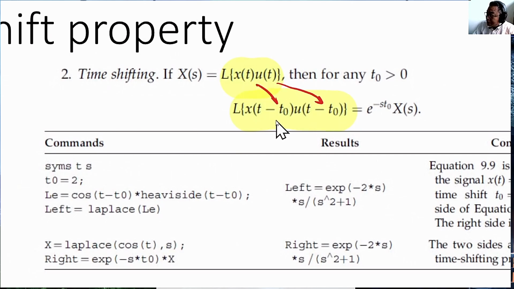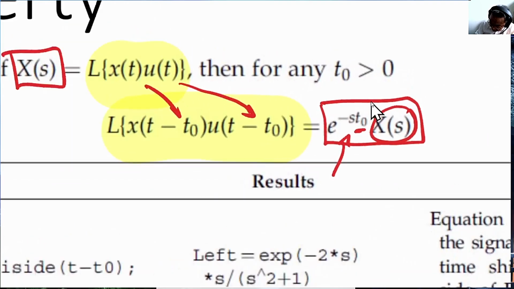There is a close relationship between X(s) and its delayed version. The answer is that we still have X(s), and the delay introduces this additional term e^(-s t0), where the delay is represented by that t0 over here. So this t0 in time becomes e^(-s t0) in the s domain.